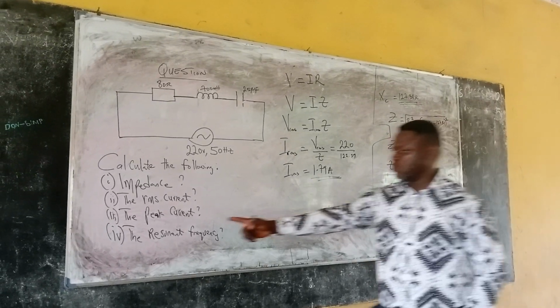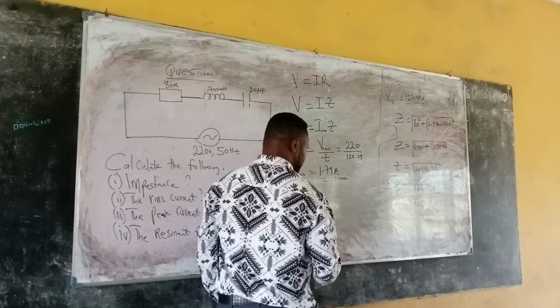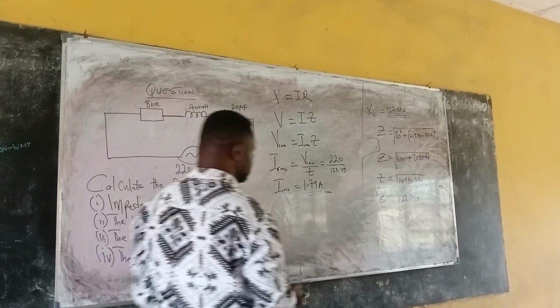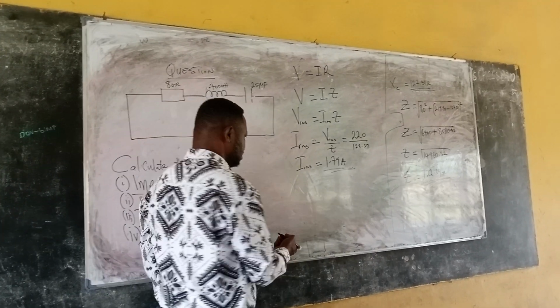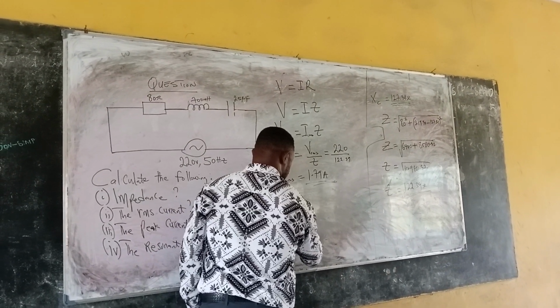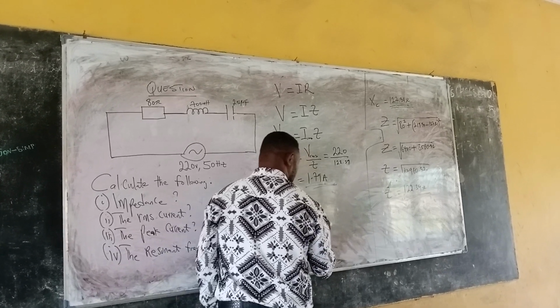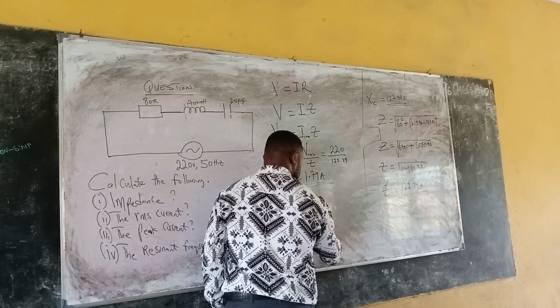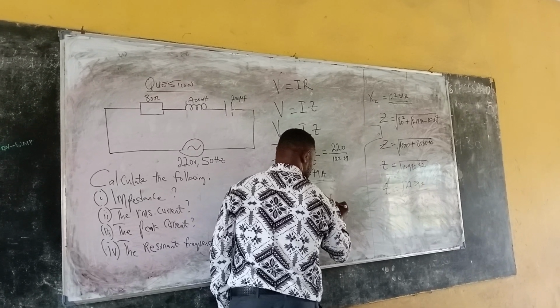Now the third part of the question is to find the peak current. Peak current at any point in time, you have to find the peak current. We know that VRMS is always given as 0.7071 V naught.